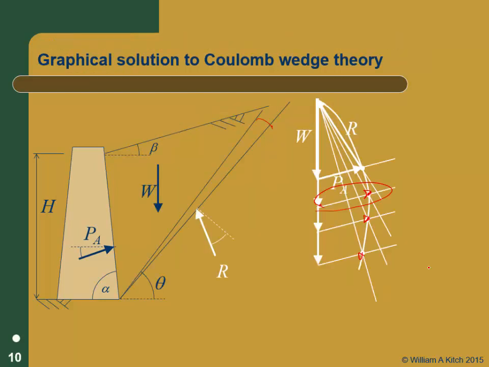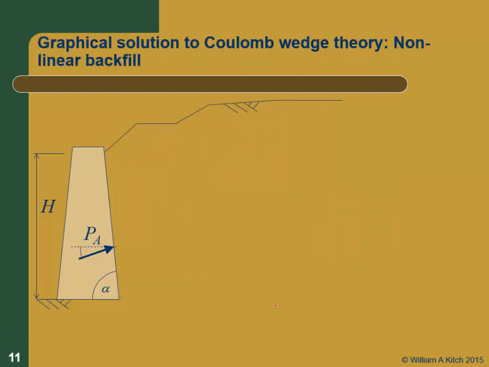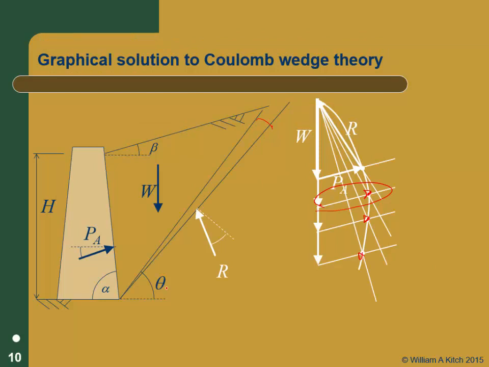What's nice about this, you understand what we're doing here? It's just a graphical solution to those two equilibrium equations. Now what's nice about that is in our analytical solution for phi critical, we had to assume the back surface was planar because we had that equation for the weight as the area of the triangle in it.